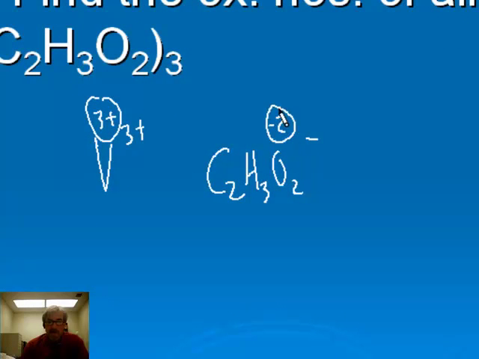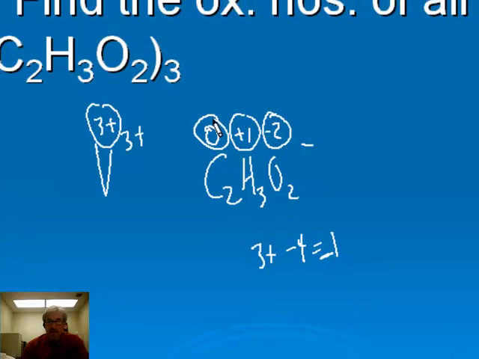Oxygen is usually -2, so I'll assign that. Hydrogen is usually +1, so I'll assign that. Now what do I have so far? -2 twice is -4. +1 3 times is +3. -4 plus 3 is -1. Well, the charge on the ion is also -1, and all of the oxidation numbers have to add up to that. So that means carbon here has an oxidation number of 0.